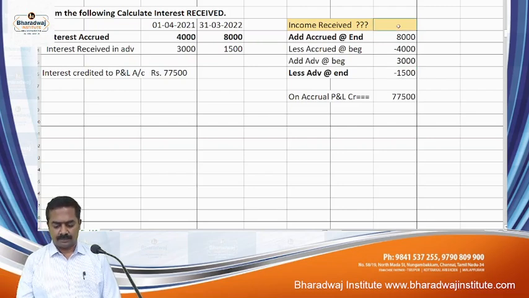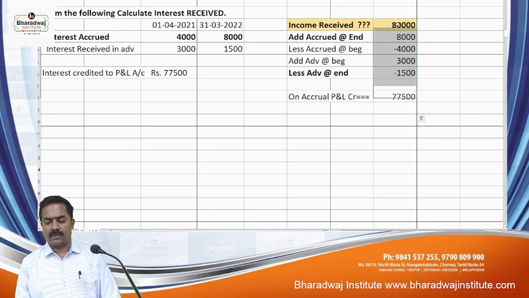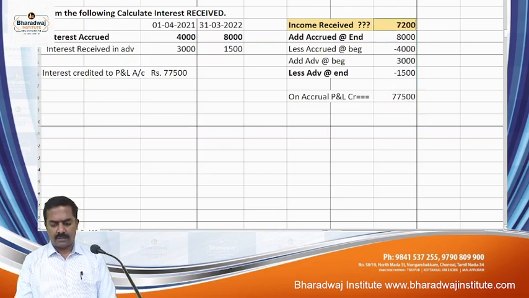How much do you get? 80,000. 77,500 plus 1,500 minus 3,000 plus 4,000 minus 8,000, that is 72,000. That is the income received.